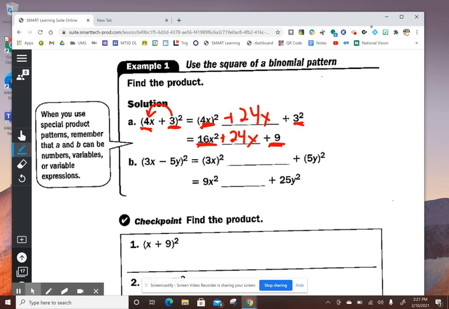Okay, now for this one, square the first, 3x quantity squared, square the last, 5y quantity squared. So I get 9x squared first, 25y squared last. I do this times this, which is negative 15xy. Double it, negative 30xy.